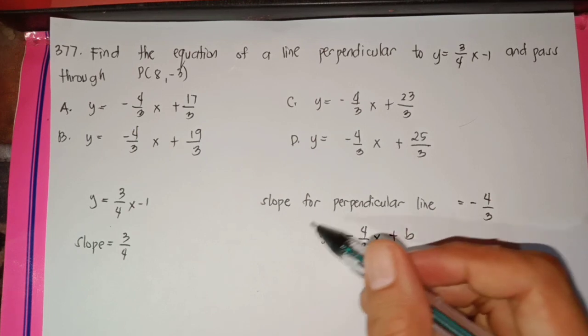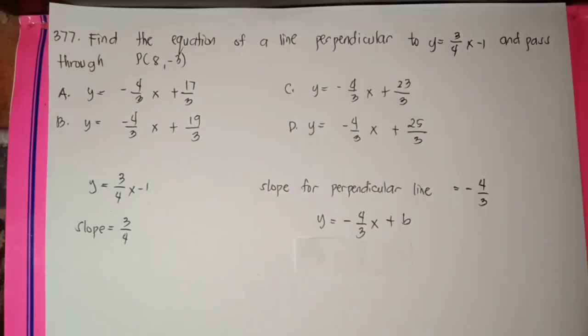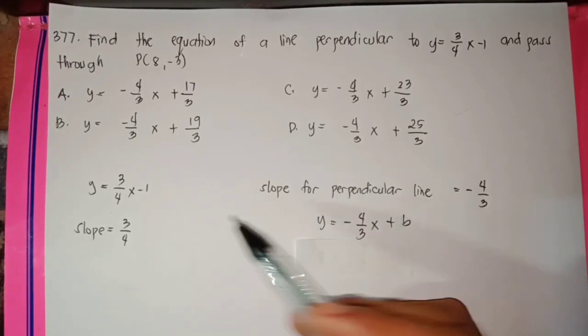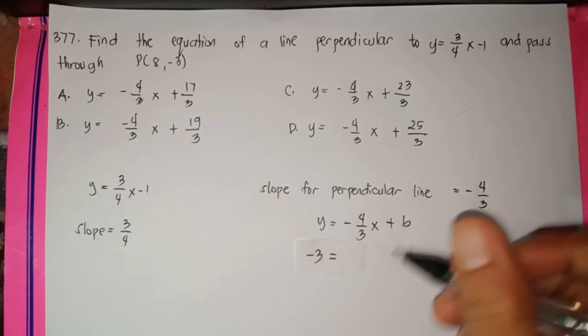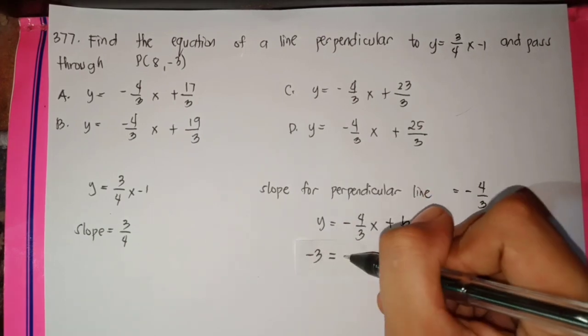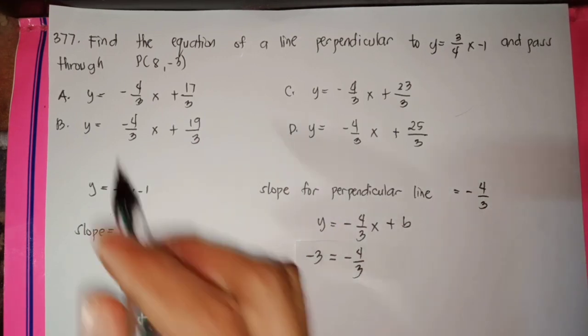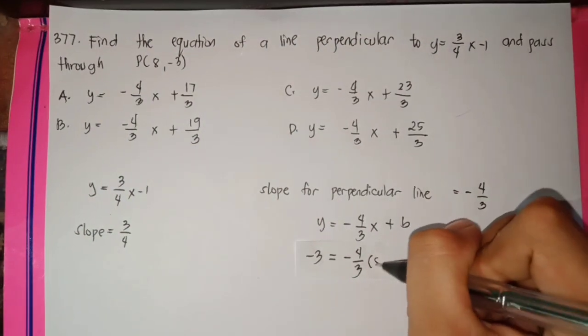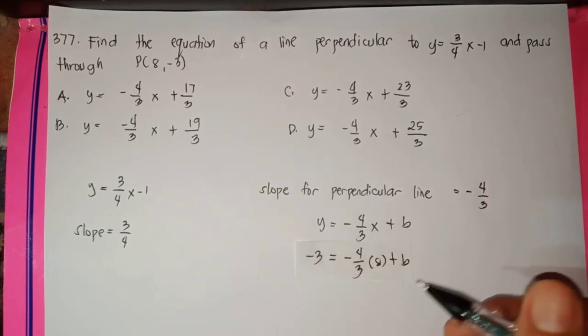Now we will just substitute the values for x and y. So y, which is negative 3, equals the slope, negative 4 over 3, times the value for x, which is positive 8, plus b. Let us simplify this equation.